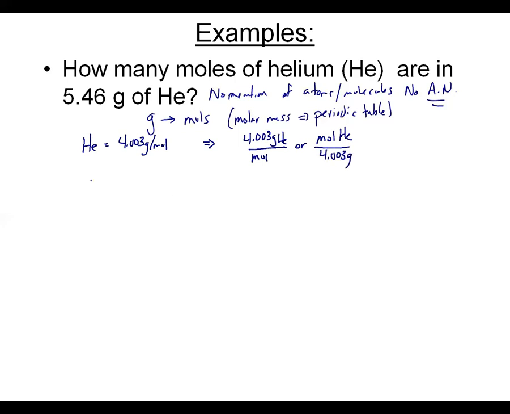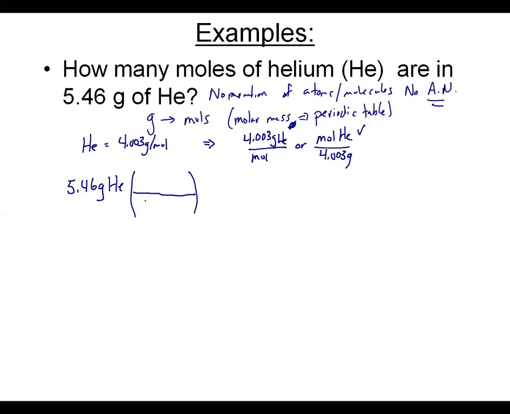So if we do this problem in dimensional analysis, we will start with our 5.46 grams of helium. Here, helium is on top. So to get rid of the grams of helium, we want to use this conversion factor over here.